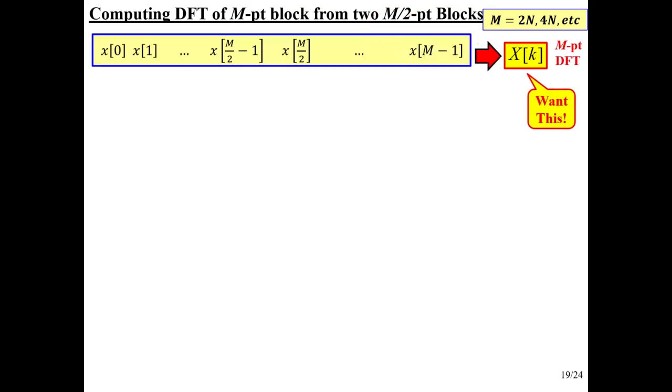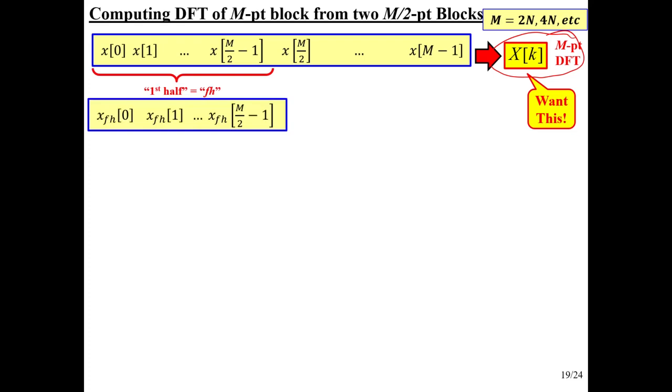So let's just look at it in general for M point. And we want 2 contiguous M over 2 point blocks that make up this M point block. We're going to say we already have those DFTs. So let's take our M point block, say the whole thing is that. That's what we're going to denote it as. That's the DFT we want.